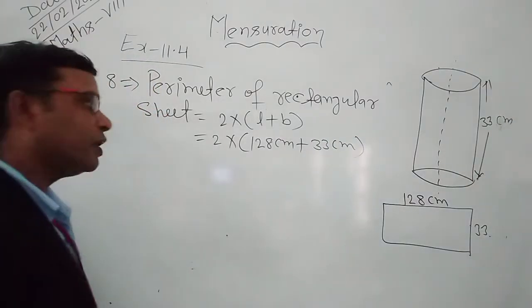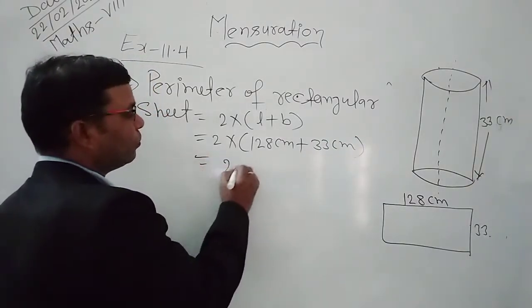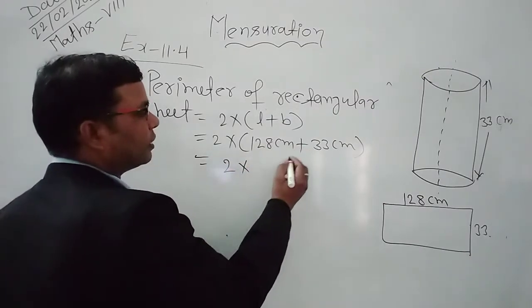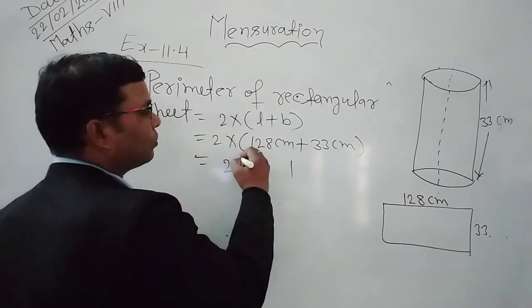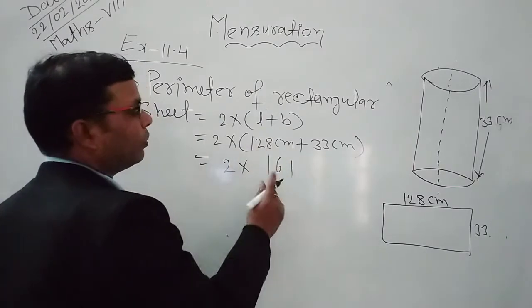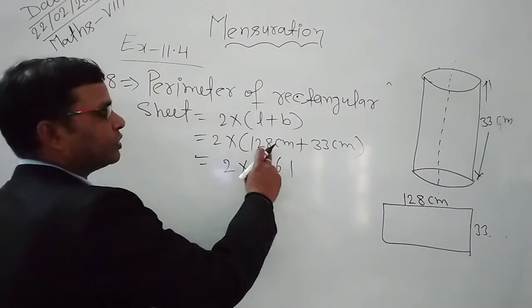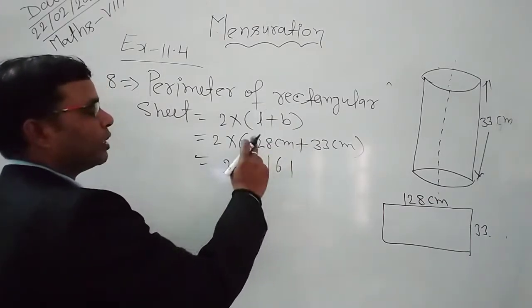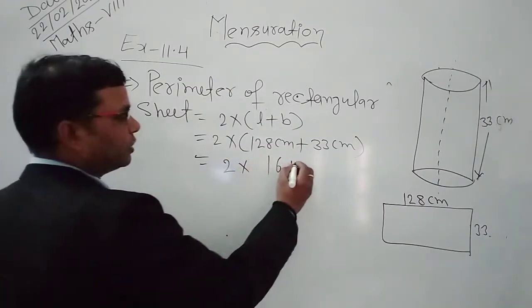Okay, if we add them, then we get 2 into 161. 8 plus 3 is 11, carry 1; 3 plus 2 is 5, 1 is 6, and 1. This is centimeter.